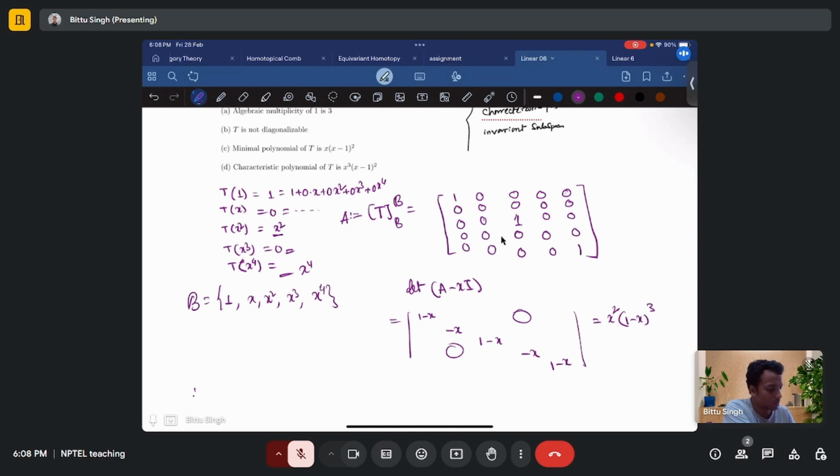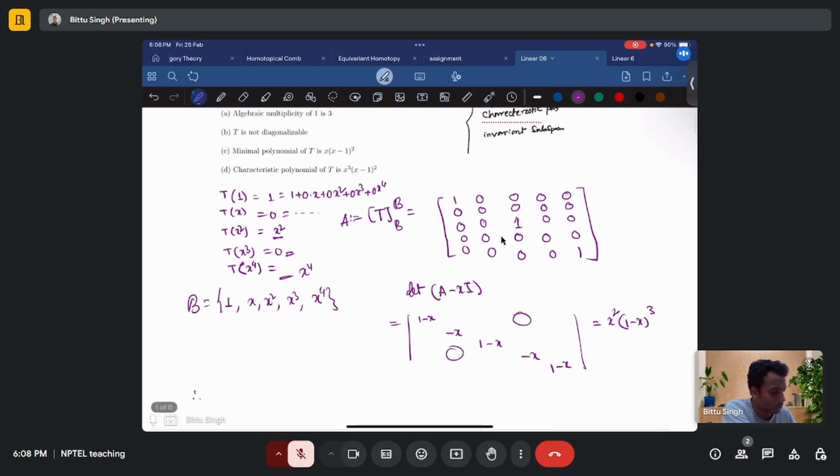And therefore, what is the characteristic polynomial? We just need to take the positive sign, because the characteristic polynomial is det of xI minus A, so the coefficient should be positive.